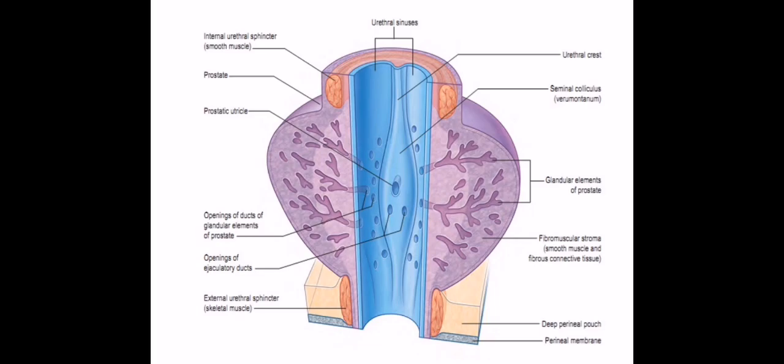In the prostatic urethra, it is about 3 cm in length. It passes through the prostate from the base of the prostate to the apex. It exits the prostate slightly anterior to the apex of the prostate. It becomes continuous with the membranous urethra.